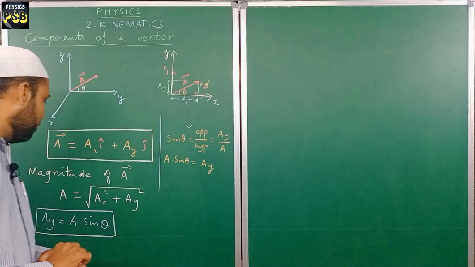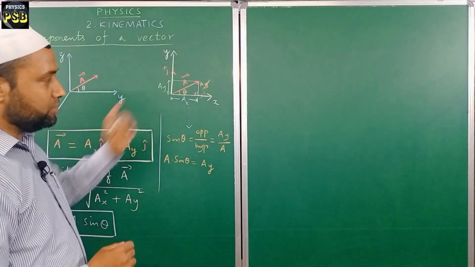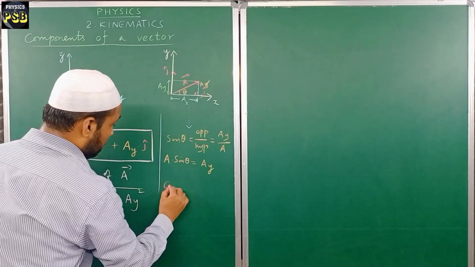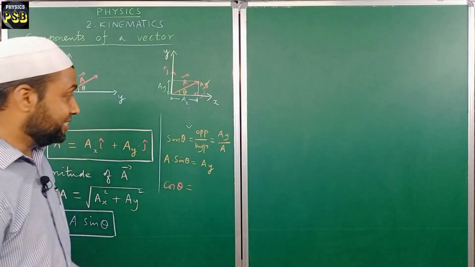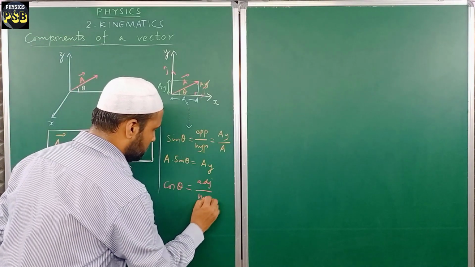Now, what will be the value of AX? For that also, I am going to use the same diagram. Now I take the value of cos theta. Cos theta is the adjacent side divided by hypotenuse.